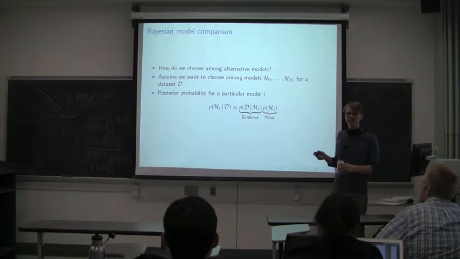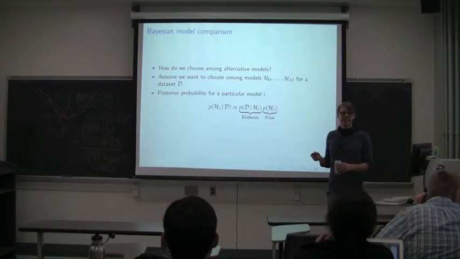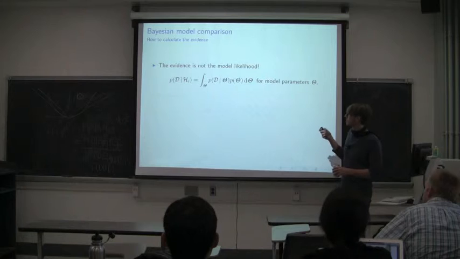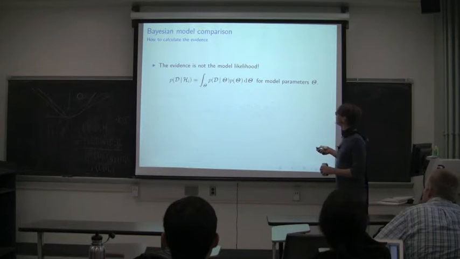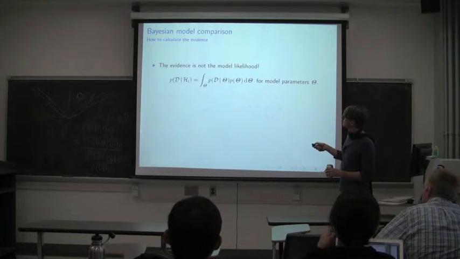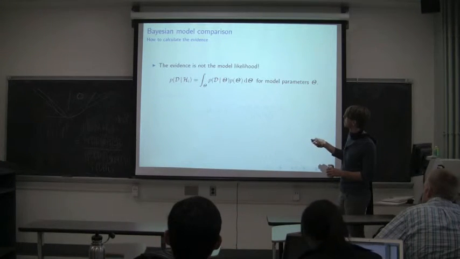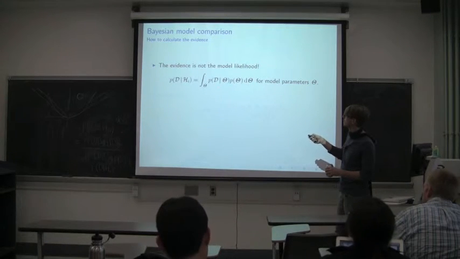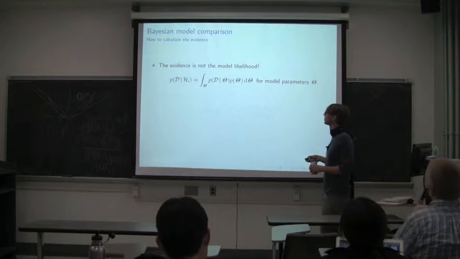Is the concept clear? Yeah? Okay. That's exactly what I said. So the evidence is not the model likelihood. The evidence is exactly this integral over all the parameters of the likelihood times the prior.